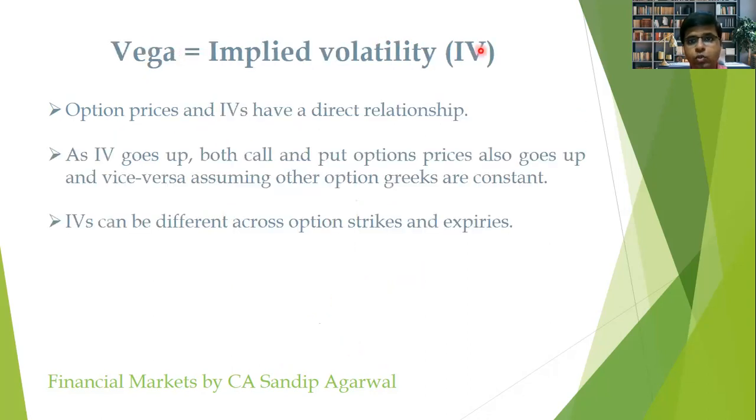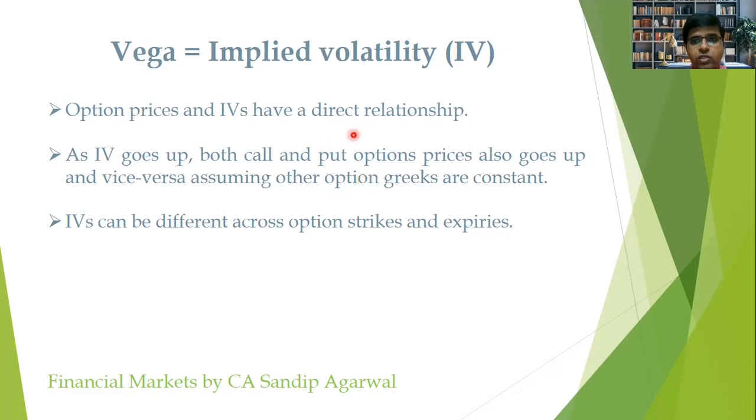So Vega is also known as IV, which stands for implied volatility. The option prices and IVs have a direct relationship. As the IV goes up, both the call and the put option prices also go up, and when the IV goes down, the option prices go down, assuming that the other option Greeks, which are delta, gamma, theta, and rho, are constant.